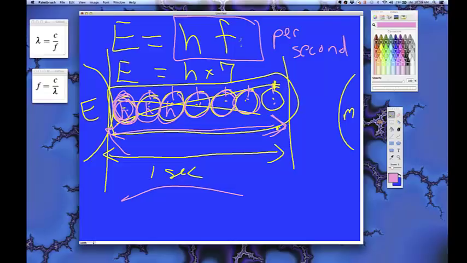So whenever there's a frequency term, you're in the domain of per second. So this is the energy of 1 second worth of H oscillations. 1 second worth of photons where the photon has energy h. And that's basically it. That's where I'm going with this.